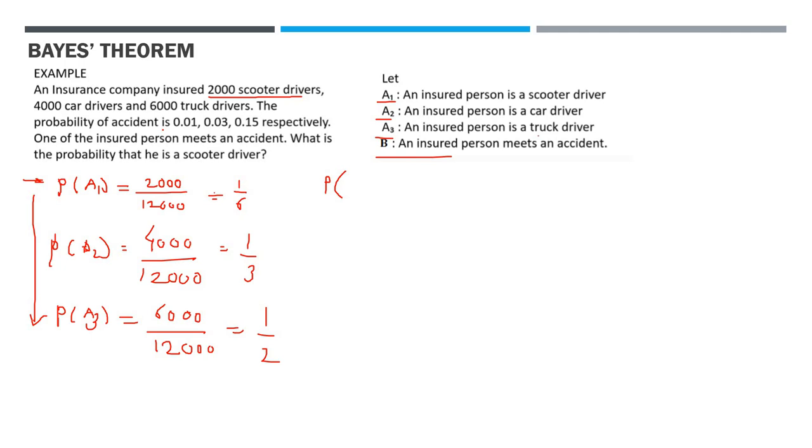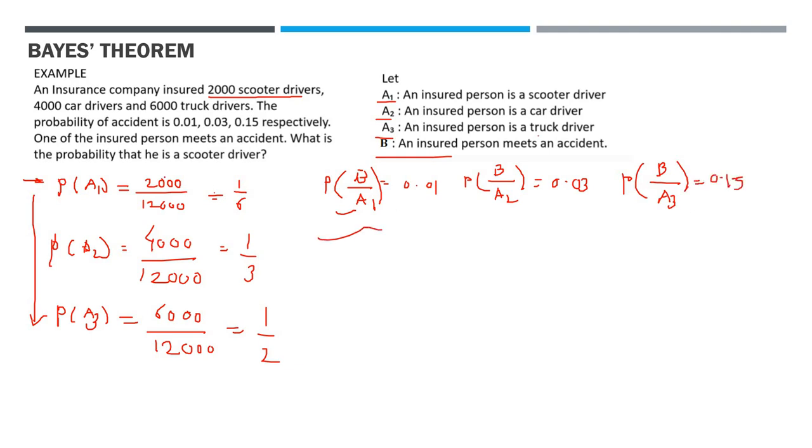For the scooter, we write P of B given A1, which is equal to 0.01. This is for the scooter driver. Now P of B given A2 is equal to 0.03, and P of B given A3, meeting the accident, is equal to 0.15. These things are also given.